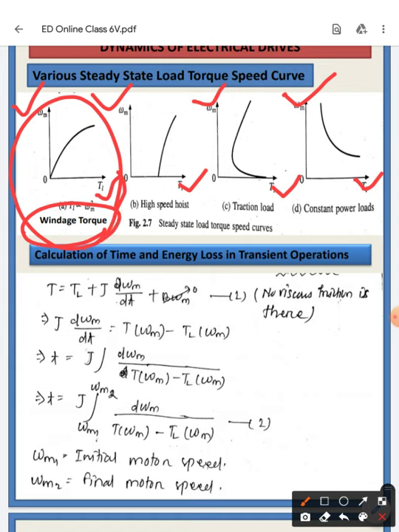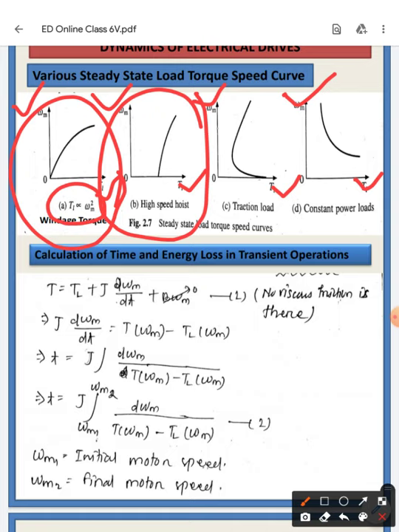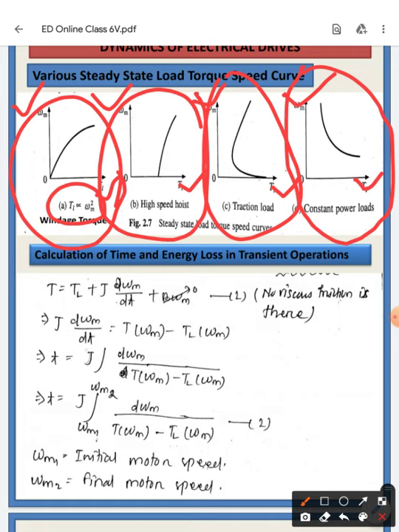As we know, Windage torque is a function of the speed, so here the load torque is a function of the square of the speed. In the second case, this one is for the high speed hoist drive system. In the third case, it is the traction load. In the fourth case, it is the constant power load applications.